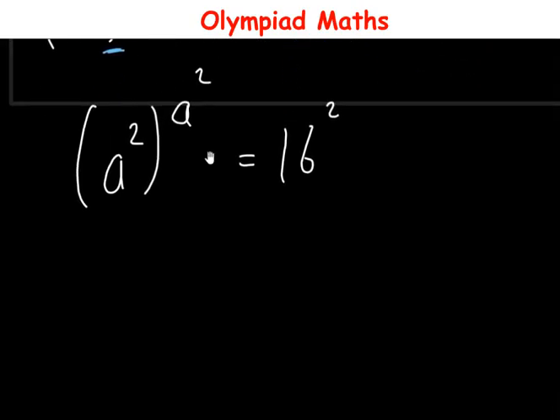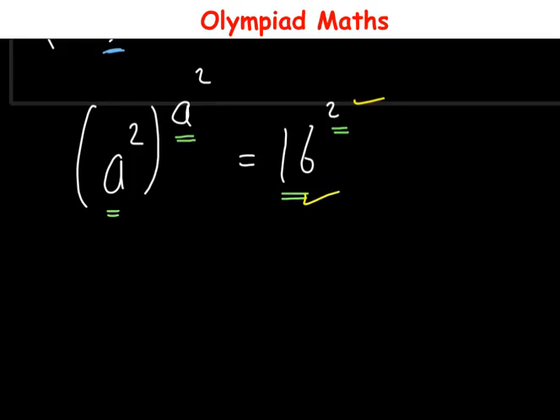Now, looking at this, at the left hand side of the equation, we can see that the base right here is equal to the exponent right here. But on the right hand side, the base, which is 16, is not equal to the exponent. And in order for us to solve this further, we need to ensure that the base here must also equal the exponent here.